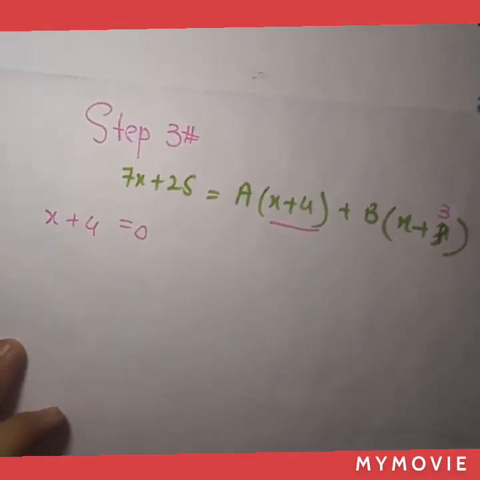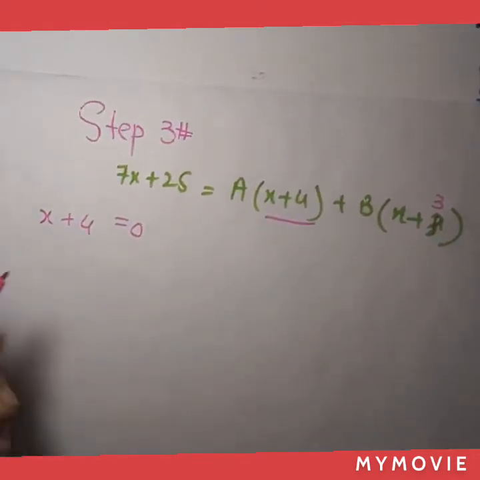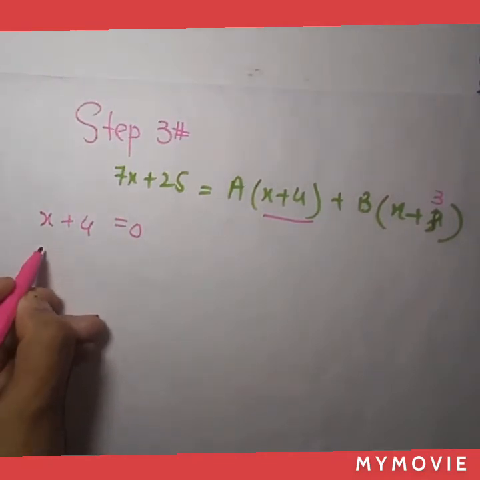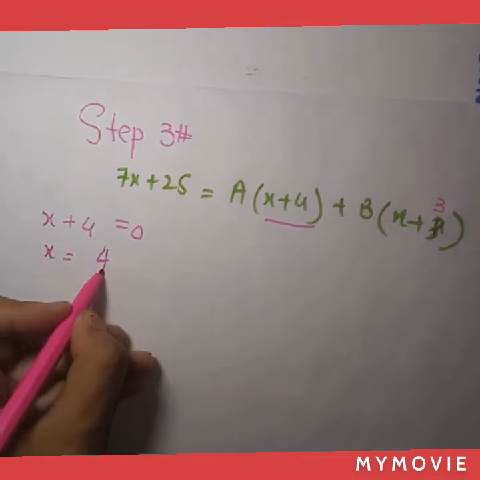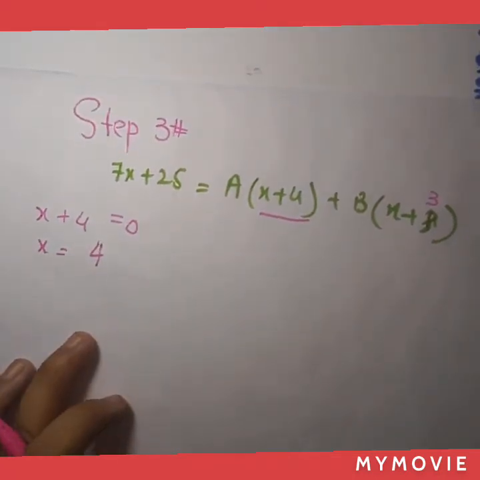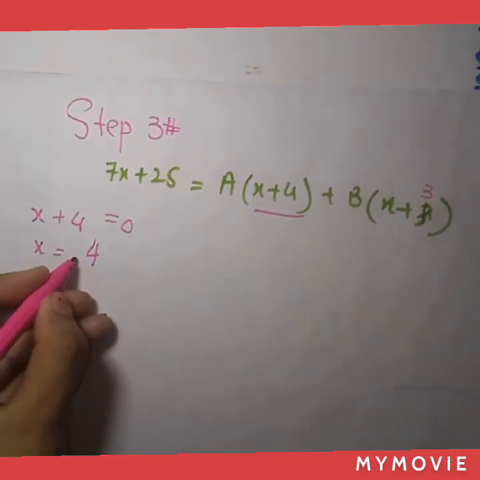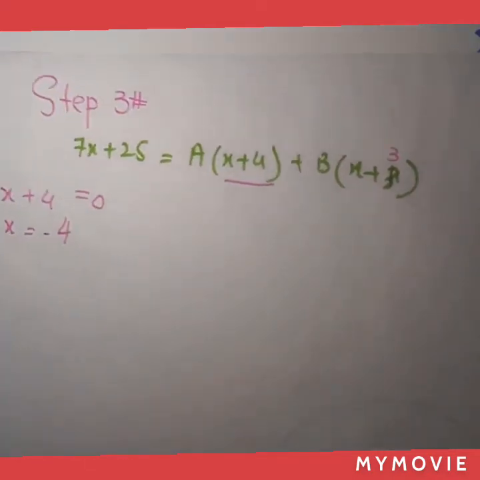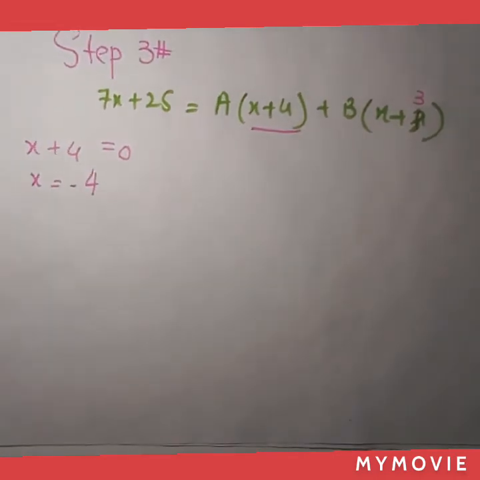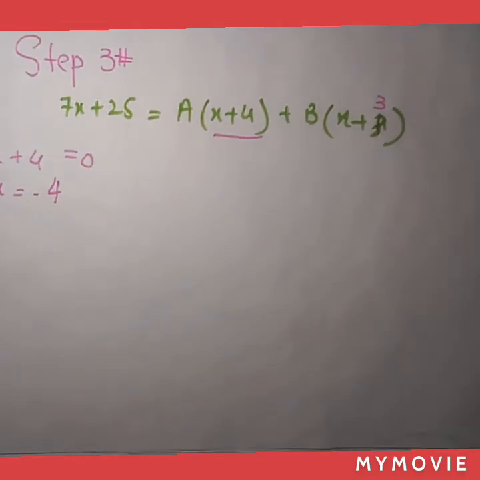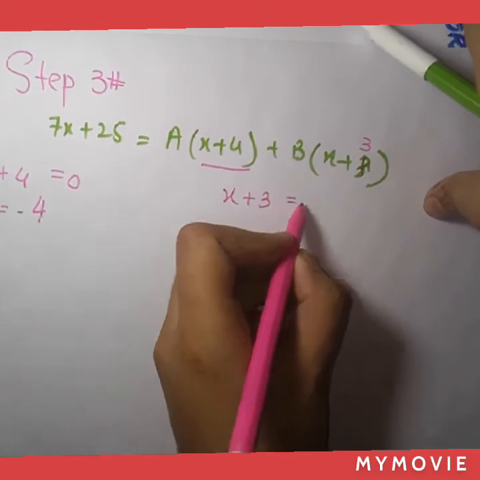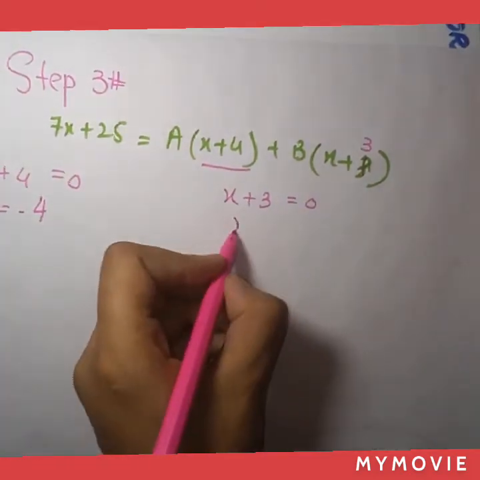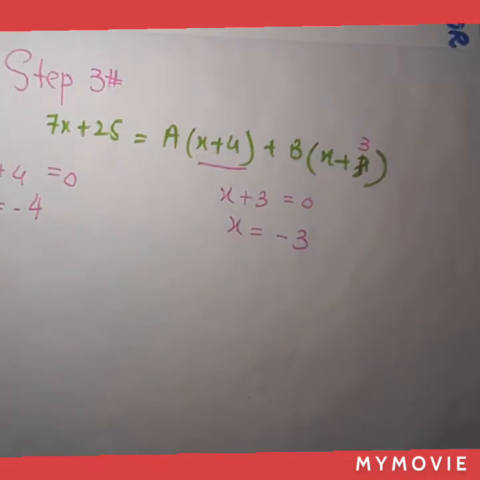You know that x plus 4 is equal to 0. Then to make x alone, 4 moves from the left hand side to the right hand side, and when 4 is released from its home, its sign becomes negative. Similarly, when x plus 3 is equal to 0, it will be x equals minus 3.